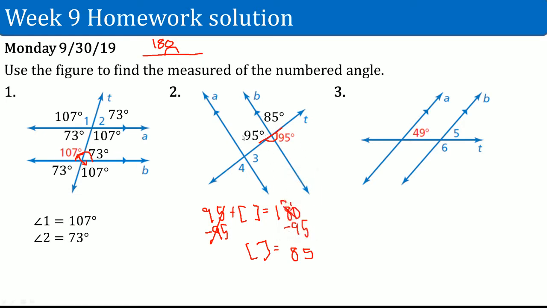These are vertical angles, so this has to be 95, and these are also vertical angles right here. They're reflected. Good. And like I said before, this has to go right here in this section.